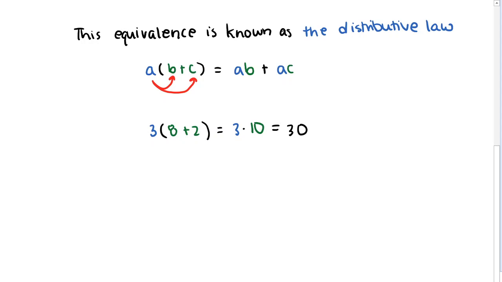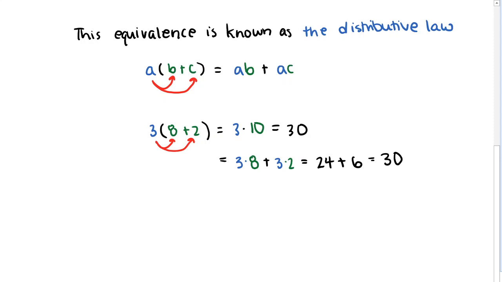But what the distributive law is saying is that really this computation can be done another way, an equivalent way. This is really the same as 3 times 8 added on with 3 times 2, which comes out to be 24 plus 6, right? 3 times 8 is 24, 3 times 2 is 6, and adding those together gives us 30.